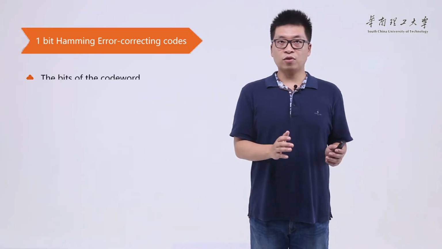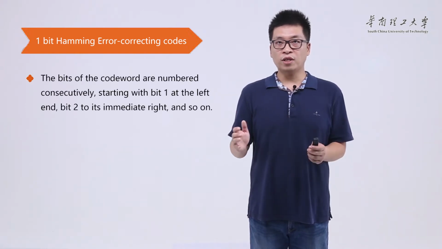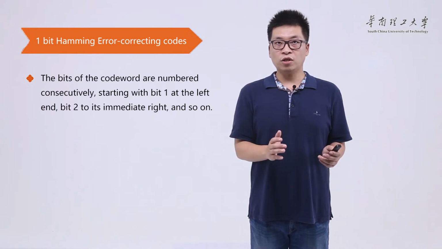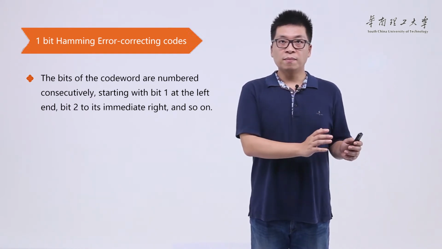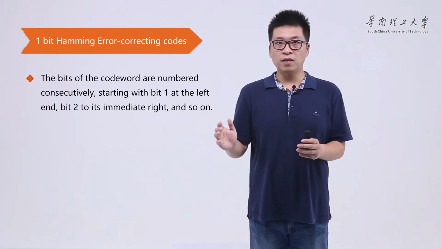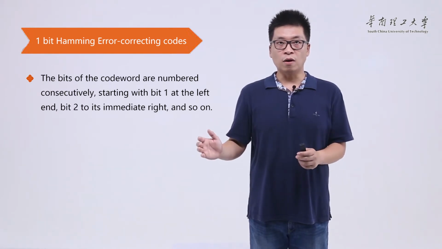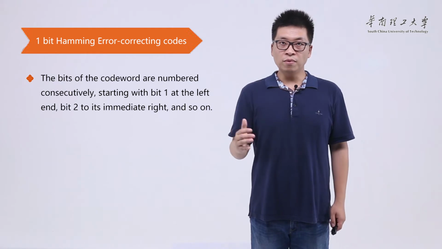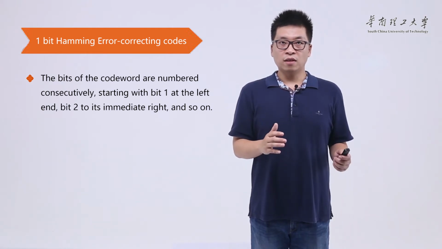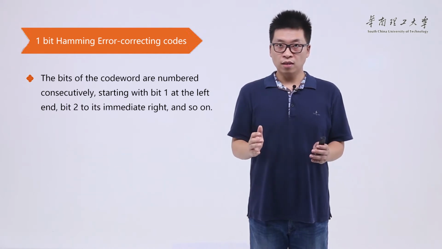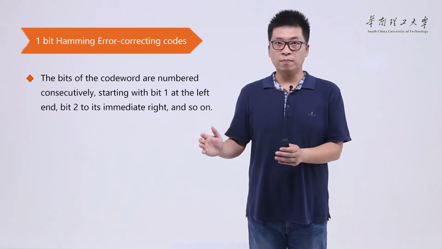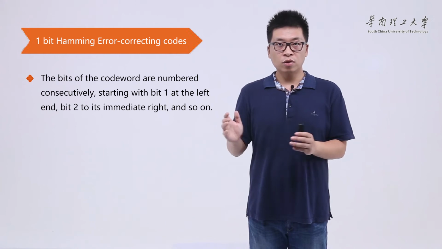The bits of the code word are numbered consecutively, starting with bit 1 at the far left-hand side, bit 2 immediately to its right, and so on. After numbering all these bits, we need to find out which bits are message bits and which bits are redundancy or check bits.